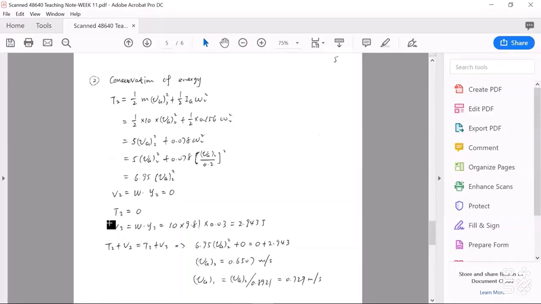And we can get the expression of potential energy of this wheel in state 3. Because of conservation of energy, T2 plus V2 should be equal to T3 plus V3.